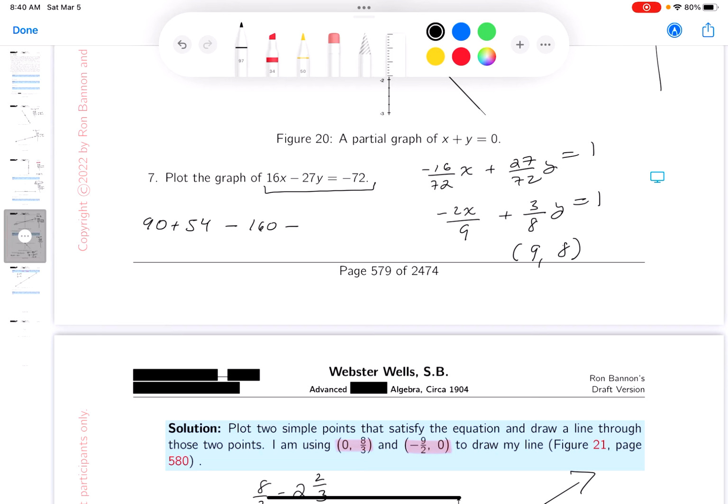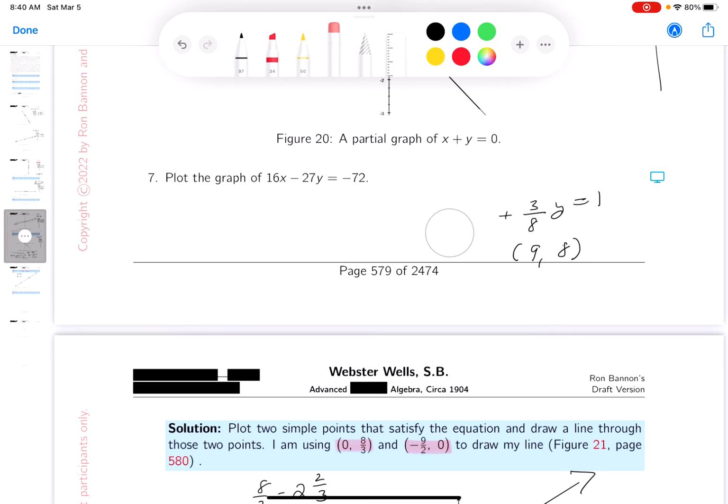The question is, does that equal minus 72? Well, let me go through that with you. 90 minus 160 is going to be minus 70. And 54 minus 56 is minus 2. Of course it equals minus 72. So I'm going to erase this. I'm pretty convinced that the answer I got is 100% correct.